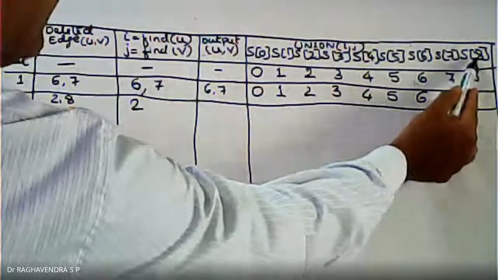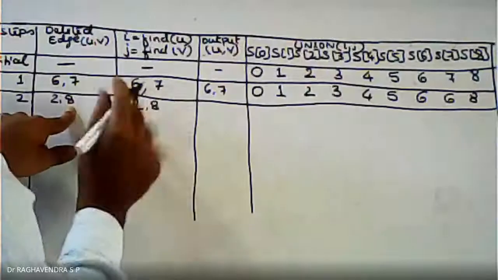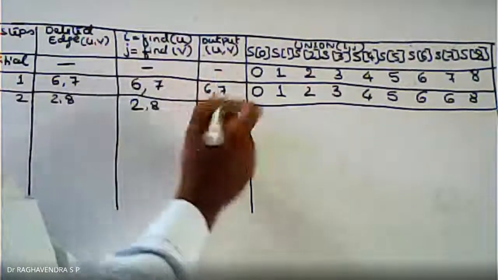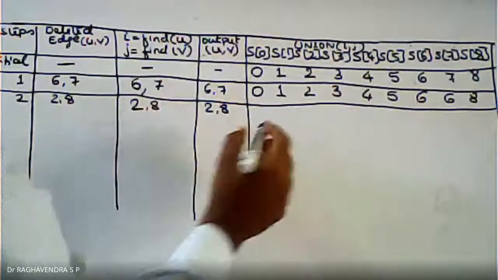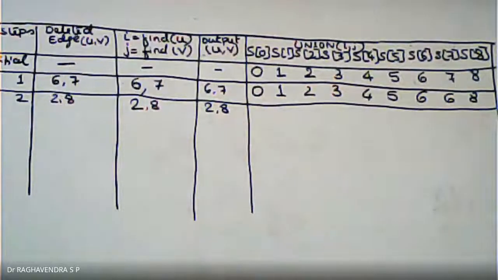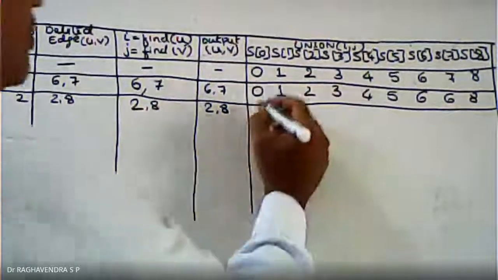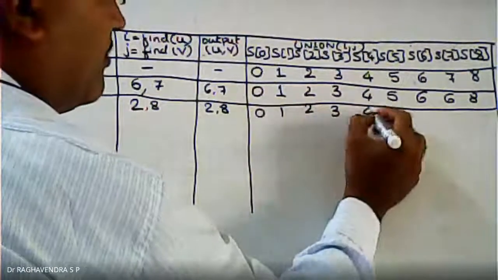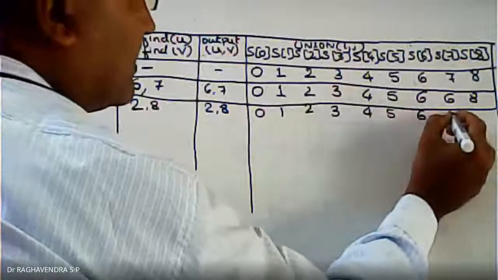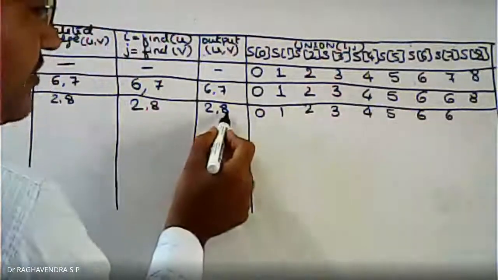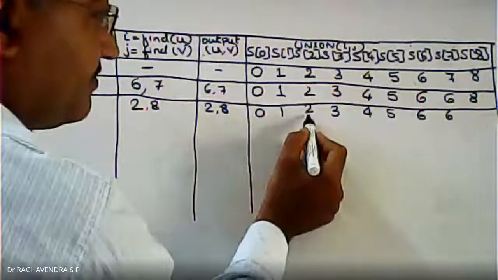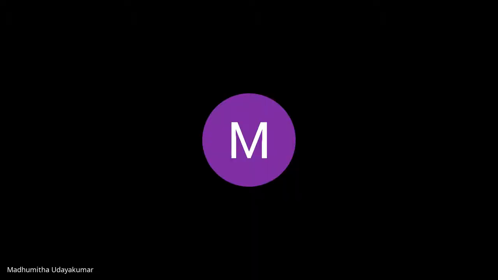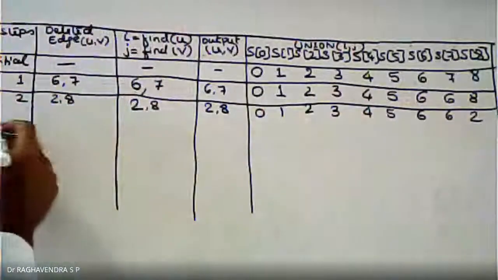What is the value of 8 here? 8. So next you copy paste it here. 2 comma 8. Now, in place of 0, 1, 2, 3, 4, 5, 6, 6. Now, in place of 8, I have to write 2. So this is the function of union.